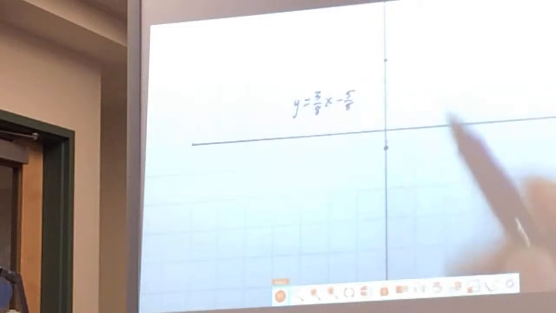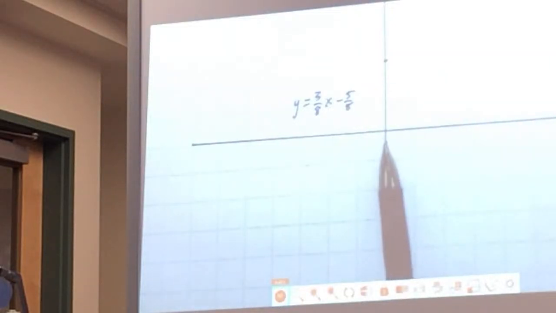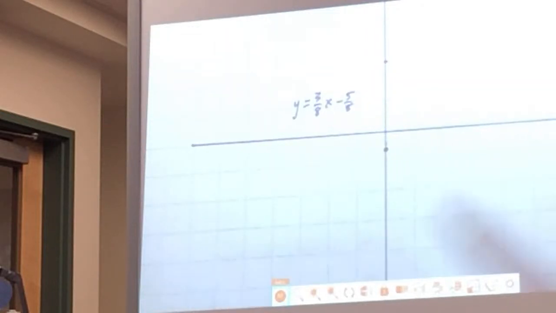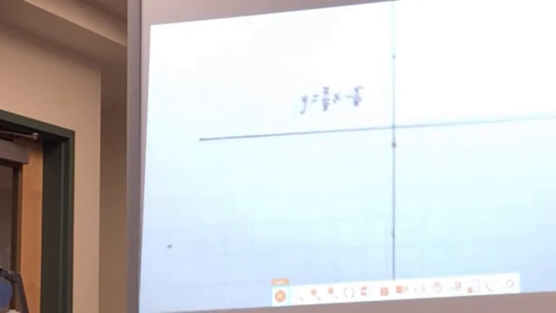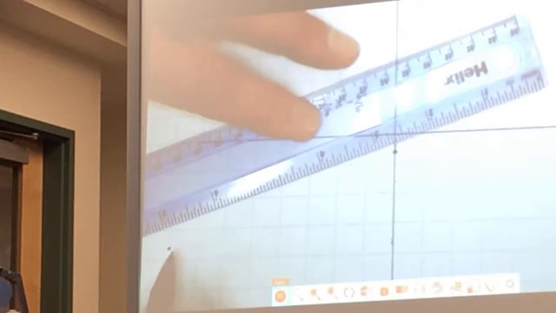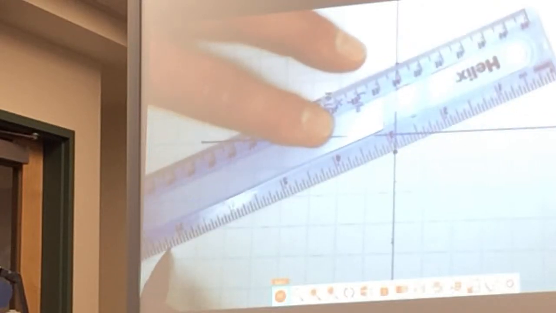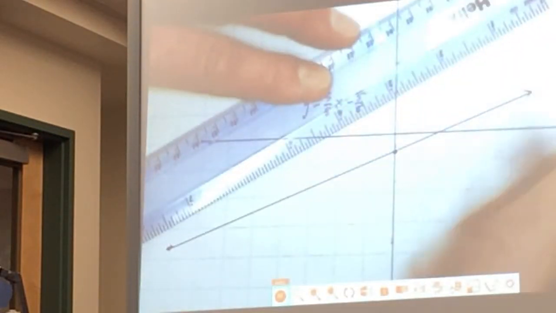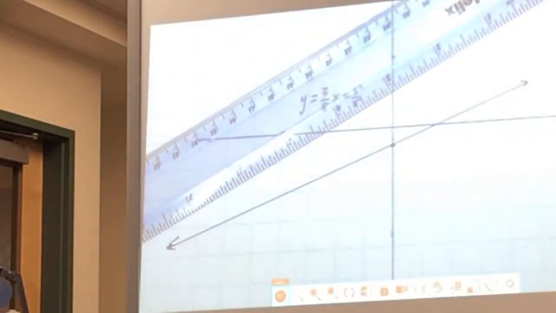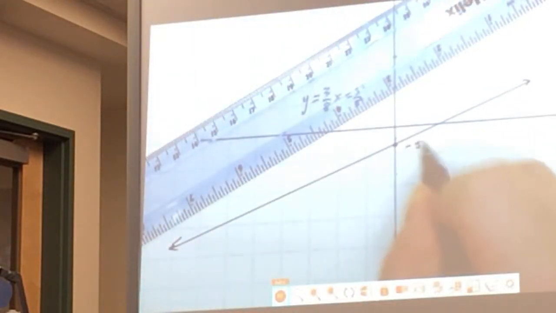So instead of going up 3 and over 8, I can go down 3 and back 8. 1, 2, 3. And then I'm going to go back 1, 2, 3, 4, 5, 6, 7, 8. So that could become a new point. There's a line. So this is negative 5/8.